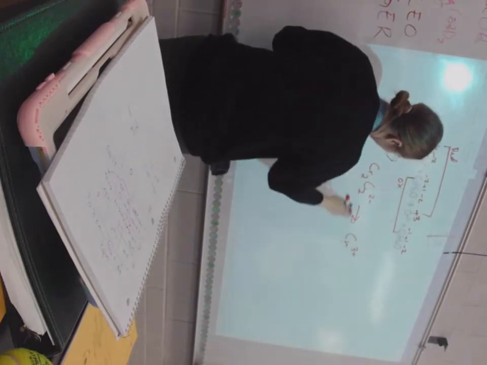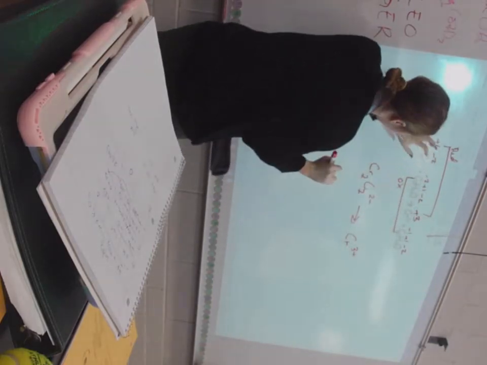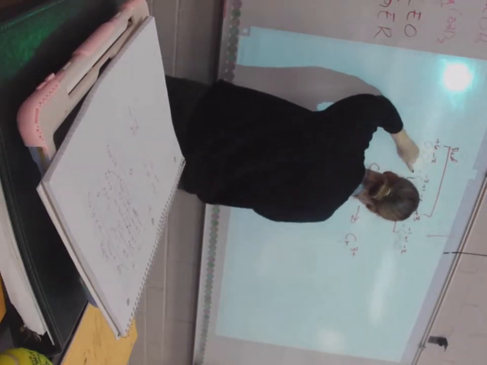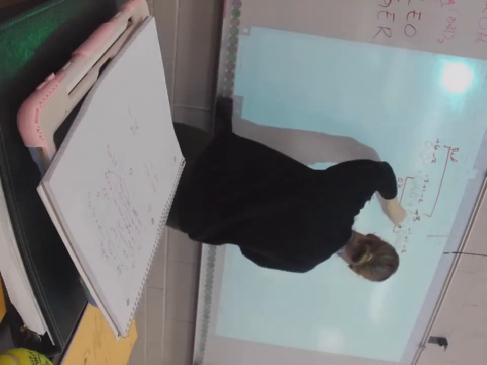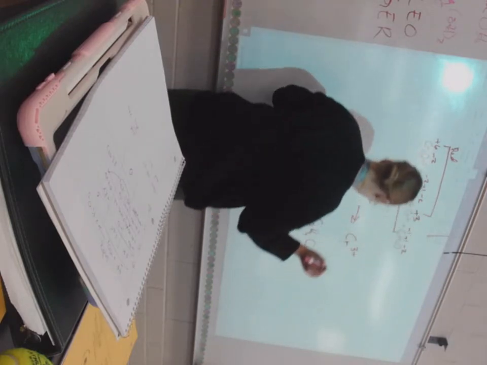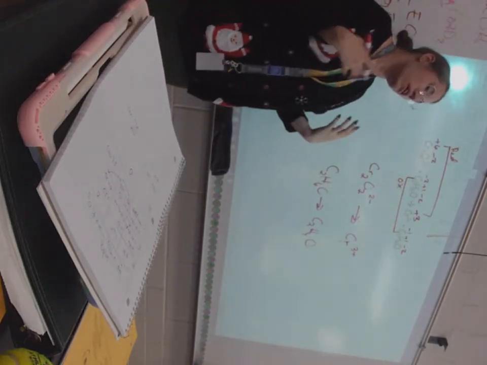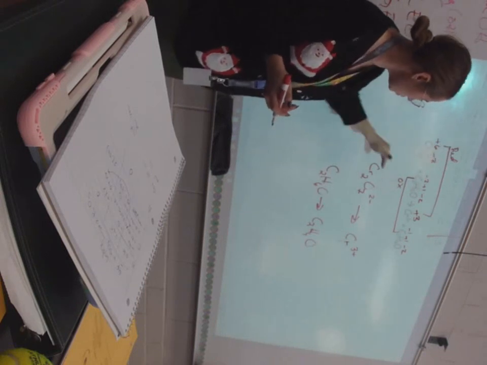Then we'll take what oxidized and everything that's with it, C2H6O, and it turned into C2H4. Okay, half reaction.